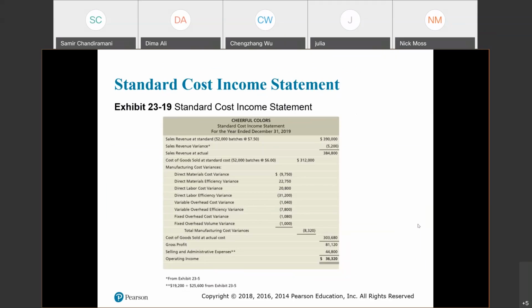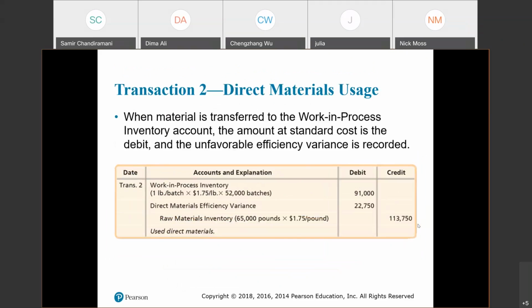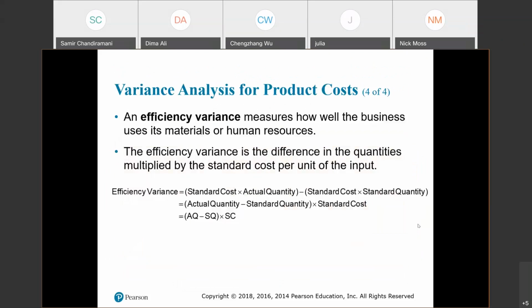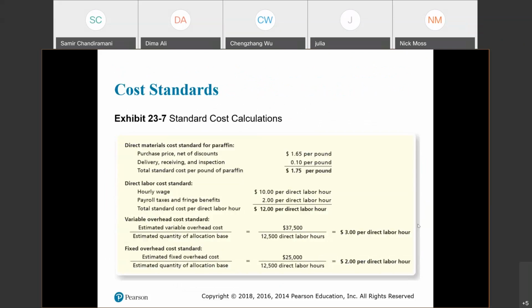First, the operating income is the same as the slides previously shown in the previous class.